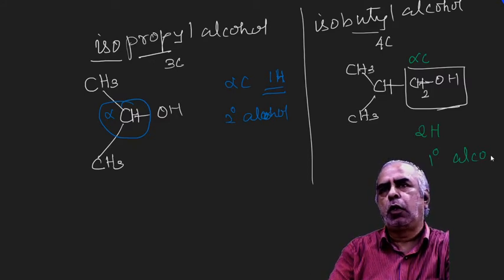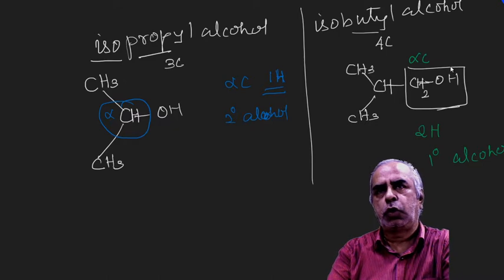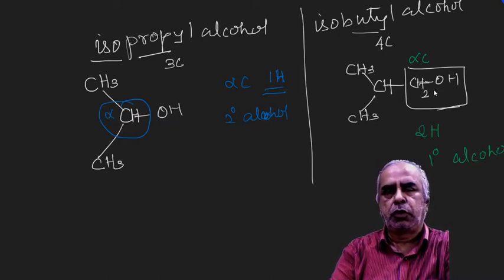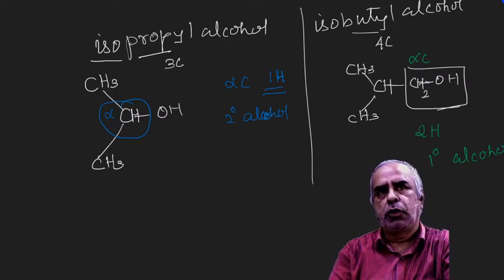So primary alcohol. You may argue, sir, this is branched, how can you say primary? The nomenclature is given based on the functional group only. So the carbon atom attached to the functional group has the weightage here. Do you understand?